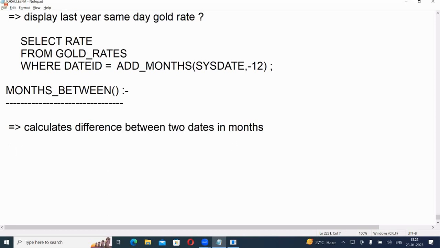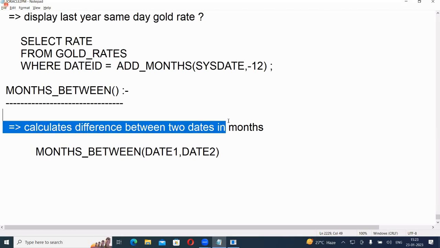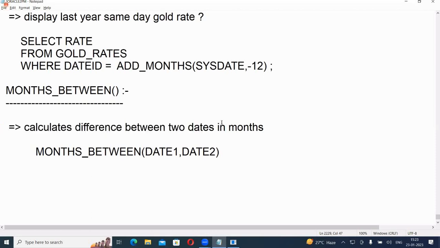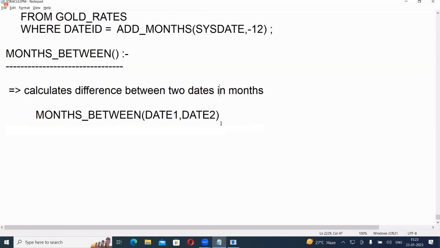Months between takes two arguments: date 1, date 2.